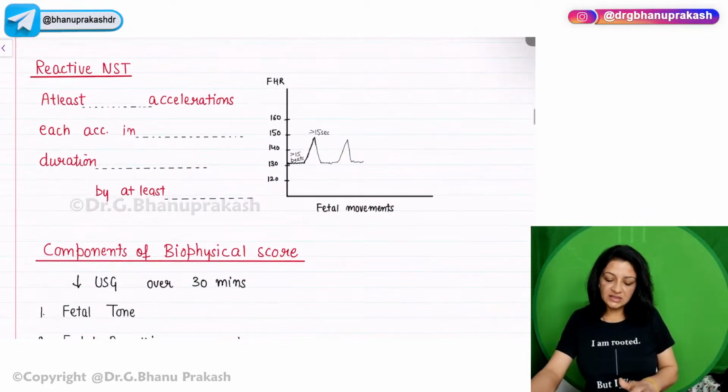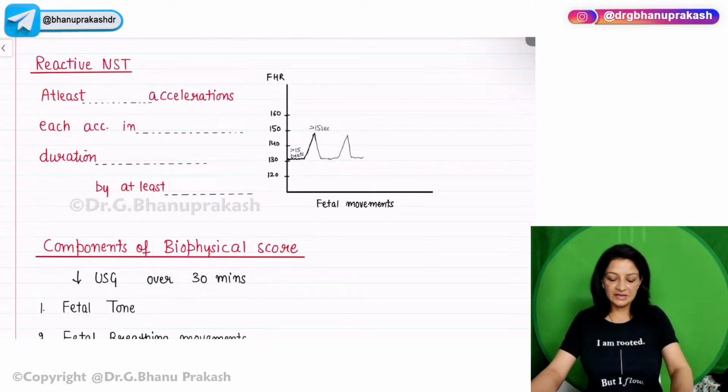So reactive NST means, what is the meaning of reactive NST?